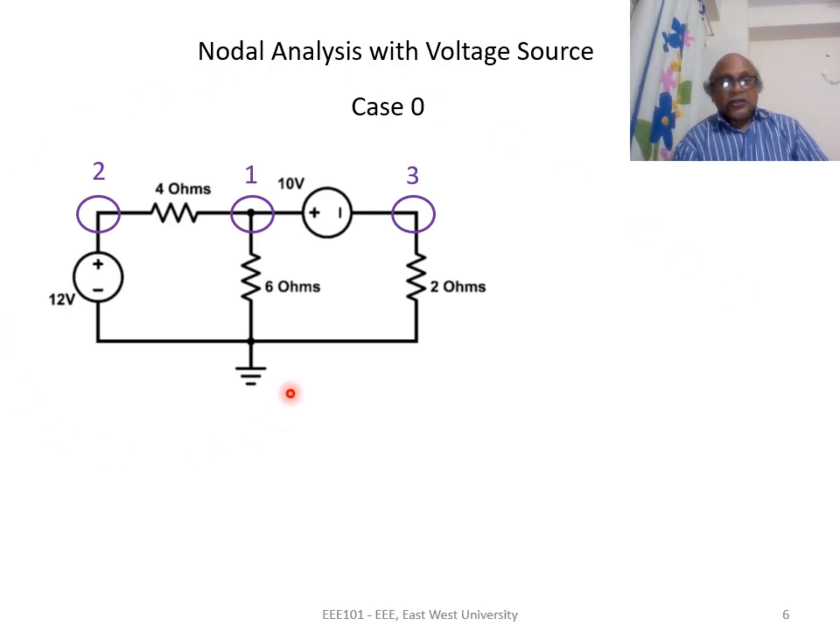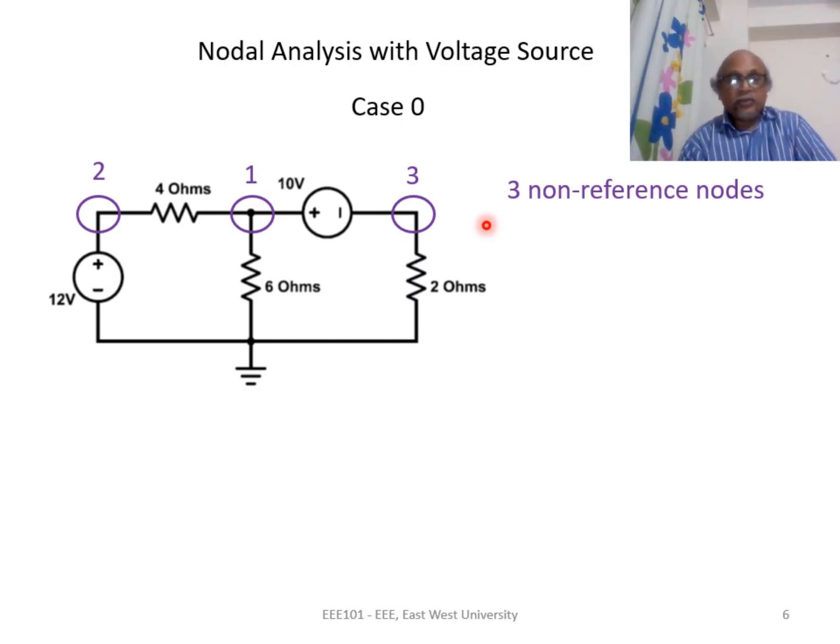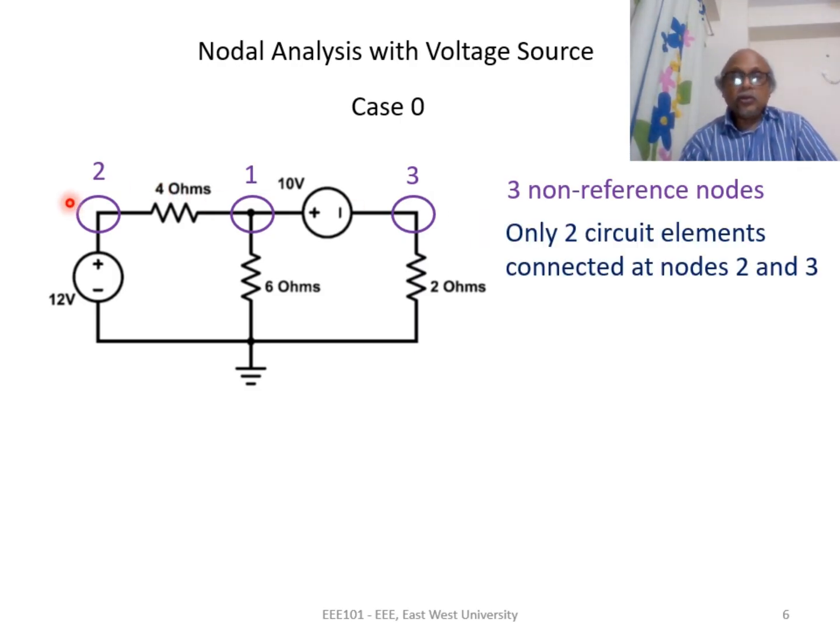In this circuit, we have two voltage sources and we have three non-reference nodes. If we look at the non-reference nodes, we see that at node 2, there are only two circuit elements connected. Similarly, at node 3, there are also only two circuit elements connected.